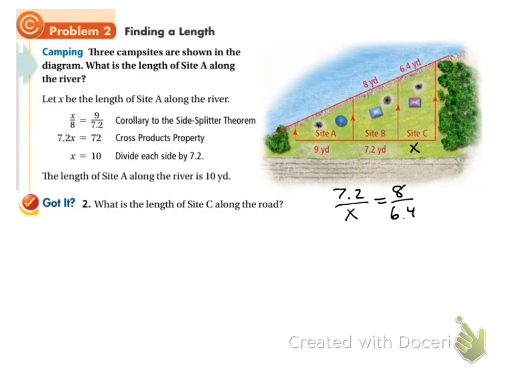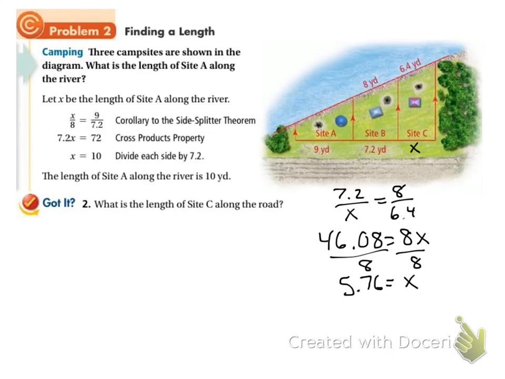And then we're going to cross multiply. 7.2 times 6.4 is 46.08. And that equals 8x, right? 8 times x. When we divide both sides by 8, we get that x is equal to 5.76. And so side C there is 5.76 yards.